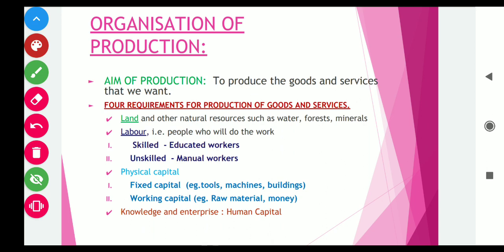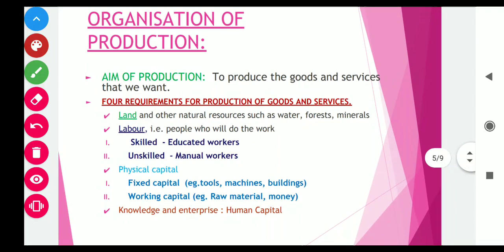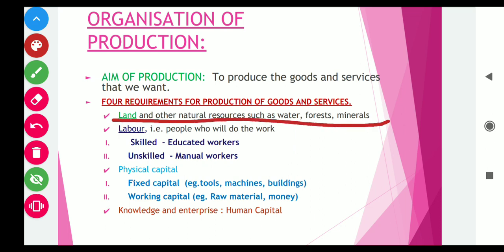Children, we have just discussed the various type of activities performed in village Palampur, in which farming is the main production activity. Now we will discuss the 4 main requirements which are required to perform any production activity to produce goods and services. So the first requirement is land and other natural resources such as water, forest and minerals.